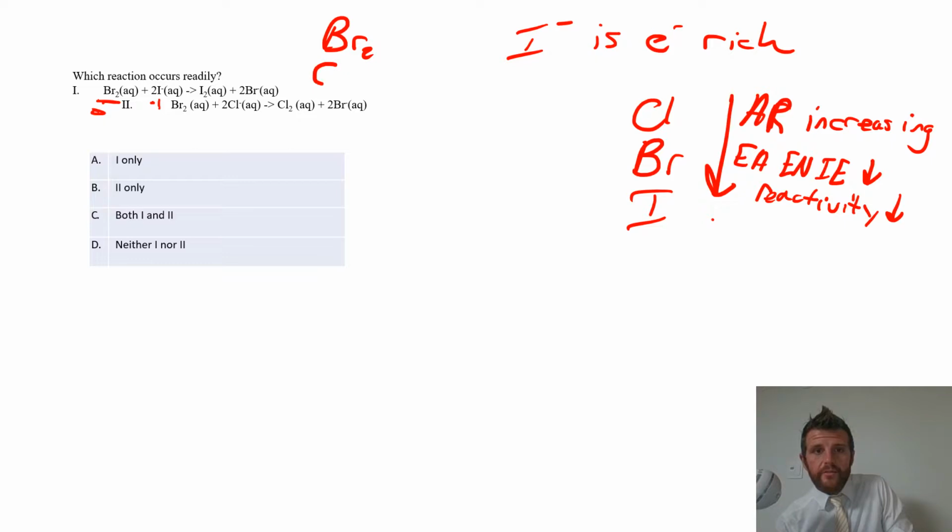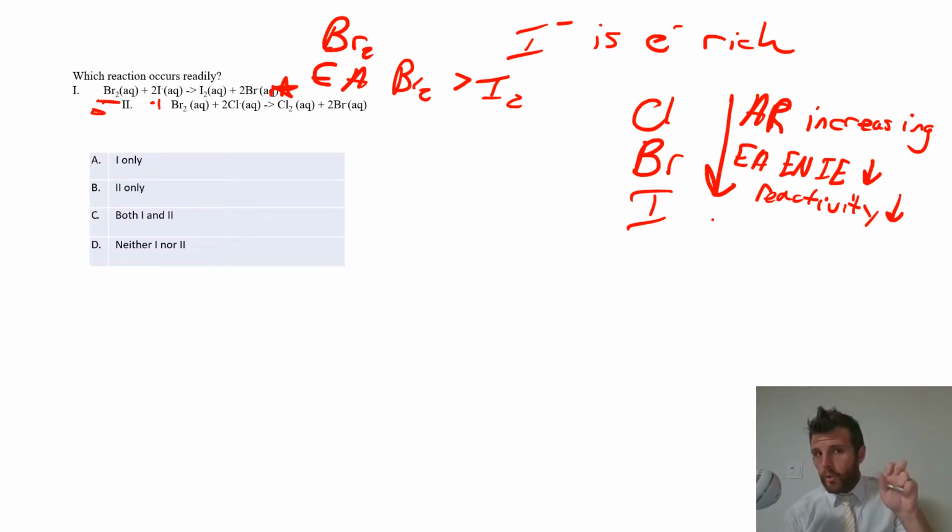Because the electron affinity for bromine is greater than iodine, this will actually happen. Bromine will be able to remove that electron and reduce itself and oxidize I-. So this one will work. A good way to think about it is bromine is more reactive, if you want to think about it in terms of GCSE.